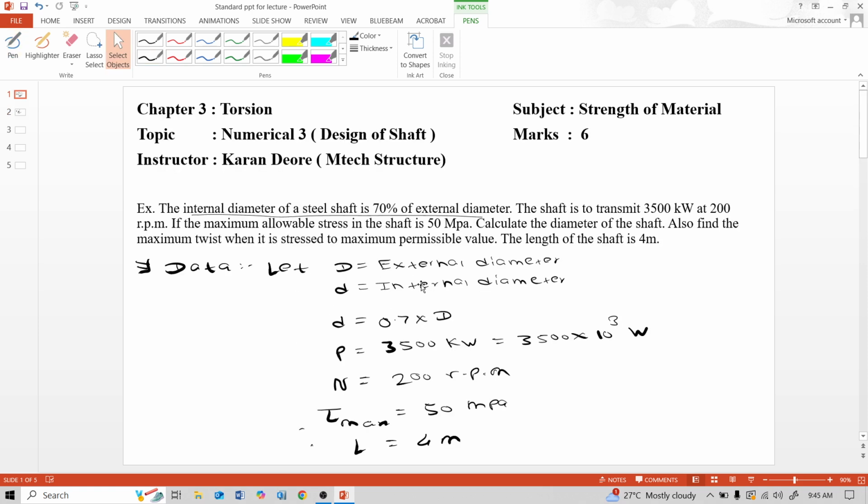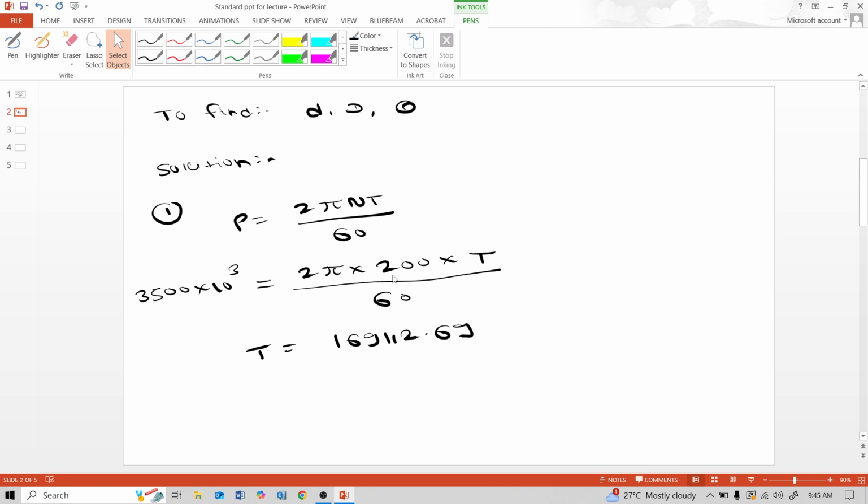This power is in watt, and this number of revolution is rpm, so the unit is Newton meter. In Newton mm, the value of that torque is 169,112.69 into 10 raised to 3 Newton mm.